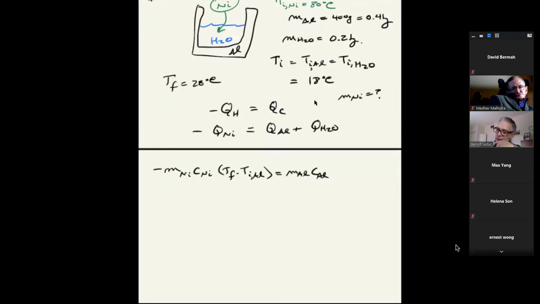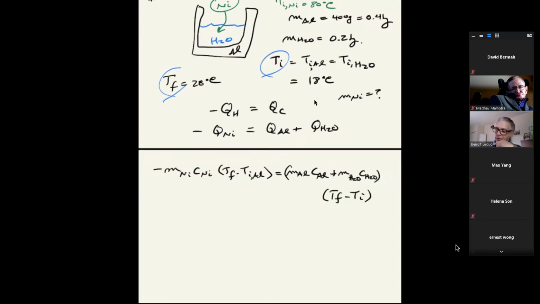Delta T will be exactly the same for both because the initial temperature is the same and the final temperature is the same. So I'm going to factor out delta T. If you don't follow me, just let me know. TF minus TI.